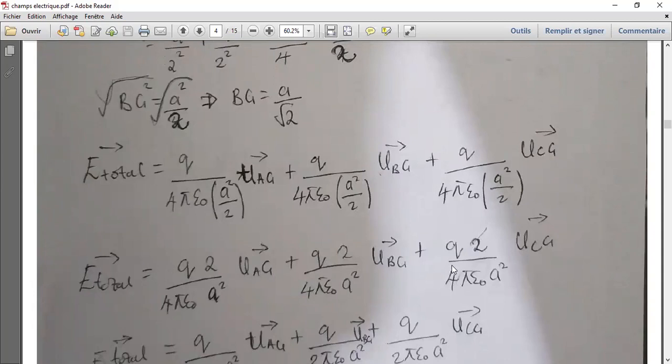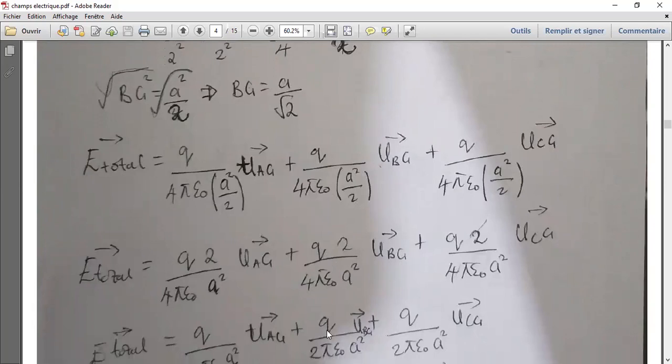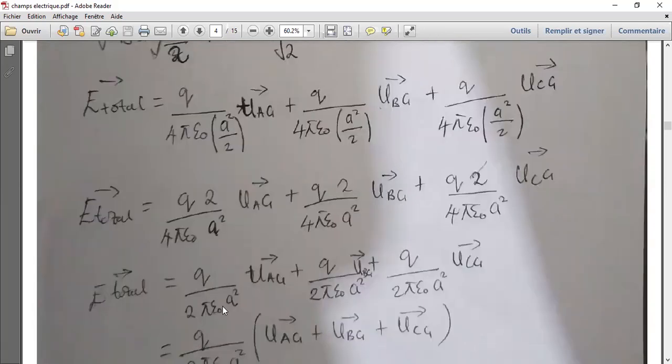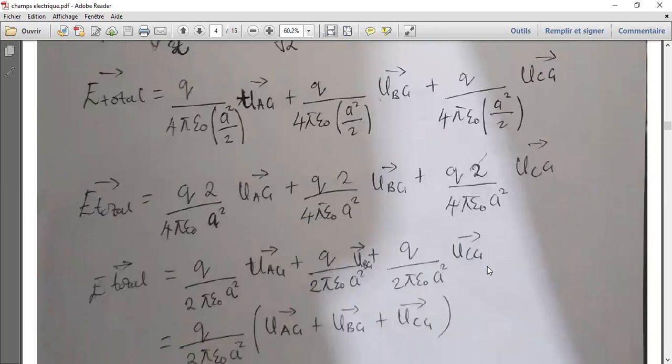Then 2 cancels out with 4, 2 cancels out with 4, 2 cancels out with 4. So you have Q divided by 2 pi epsilon 0 S squared UAG plus Q divided by 2 pi epsilon 0 S squared UBG plus Q divided by 2 pi epsilon 0 S squared UCG.